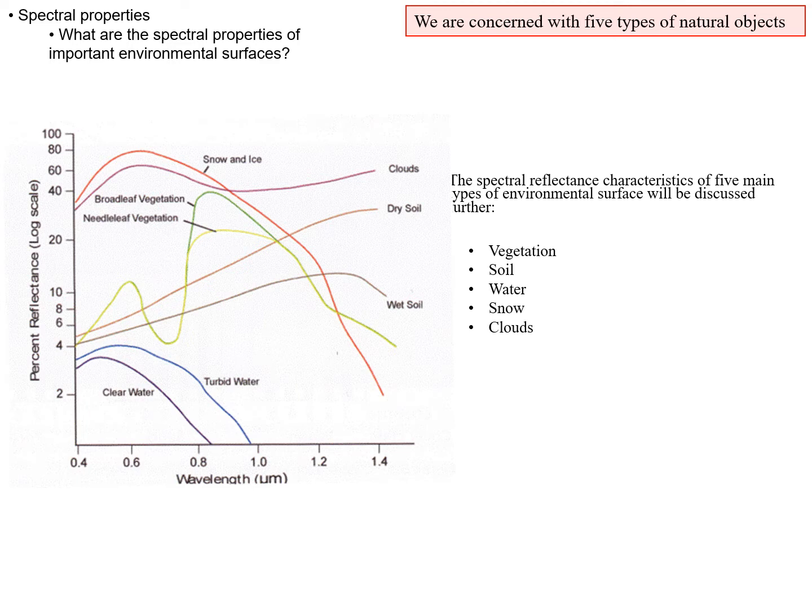So we've talked about reflection, absorption, and transmittance. Now we're going to talk about the patterns of reflection as a function of wavelength for some common land surface types. And the 5 we're interested in is vegetation, soil, water, snow, and clouds.